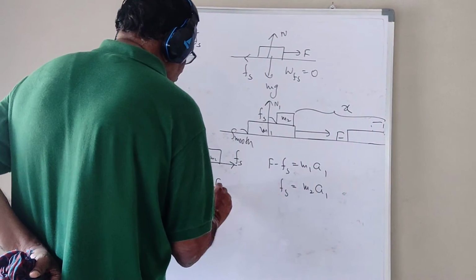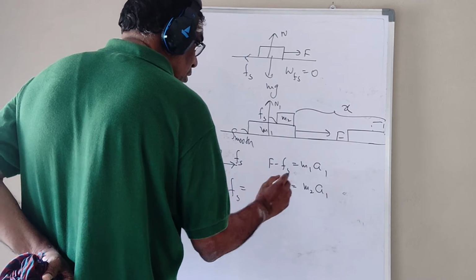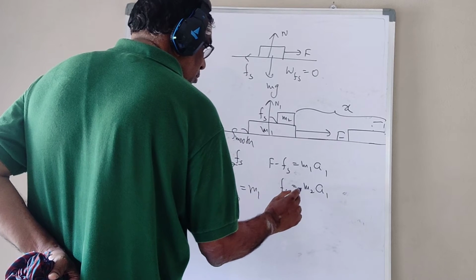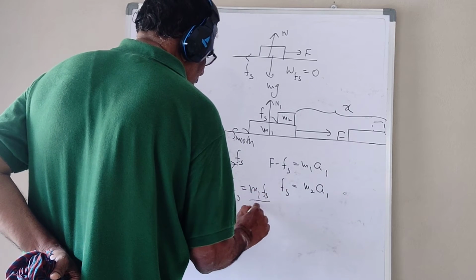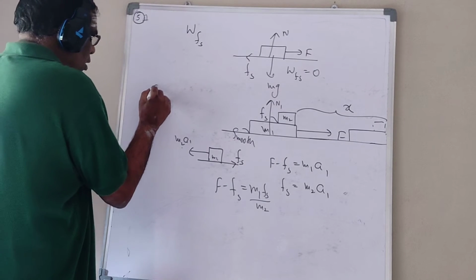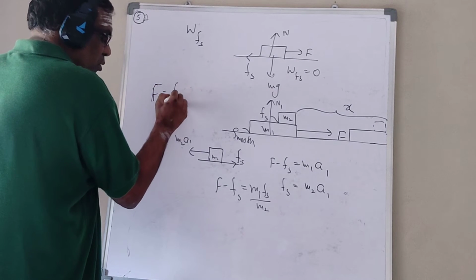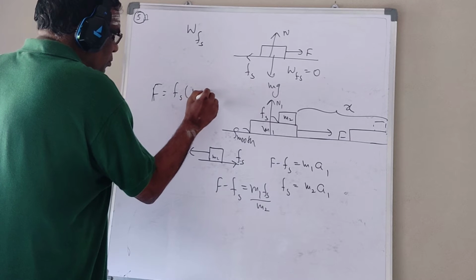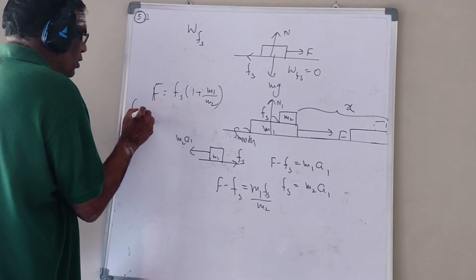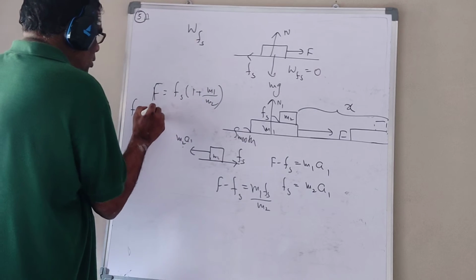Okay? Or F minus Fs is equal to M1 A1, where A1 means Fs by M2. Or F is equal to Fs into (1 plus M1 by M2). Or Fs, if M1 is M2, so you get.